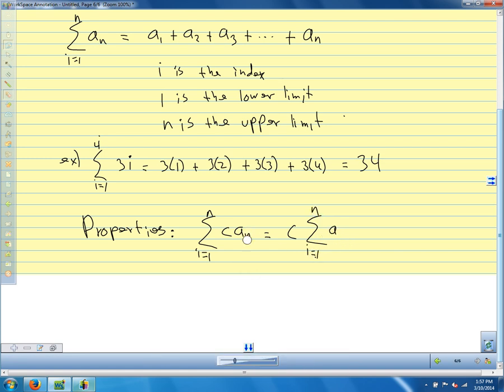And this should be a sub i, and c is a constant. So I can factor that out.